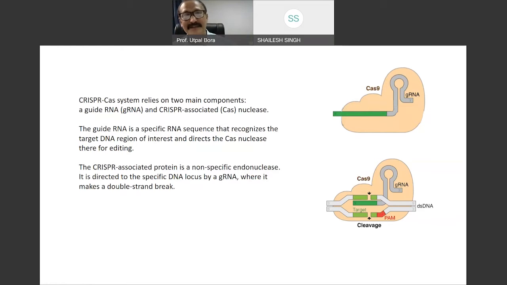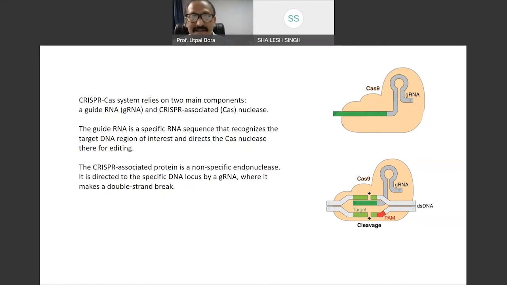But attachment of this RNA on this protein gives it some kind of directionality, and it will drag it to its DNA target molecule. So you can see in the lower picture how the RNA guides this Cas9 to the particular DNA target. That's why you call it a guide RNA.